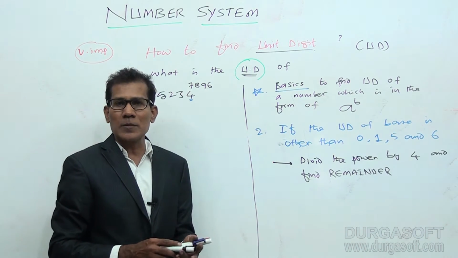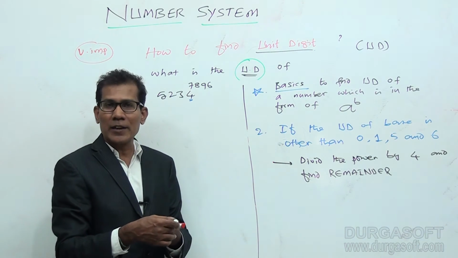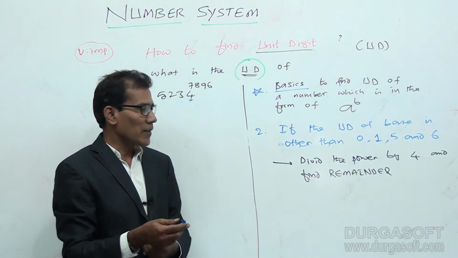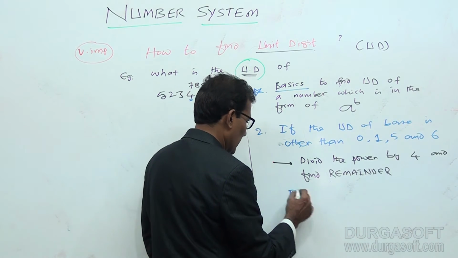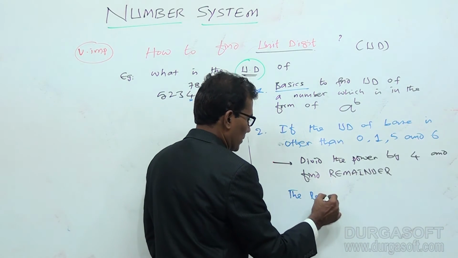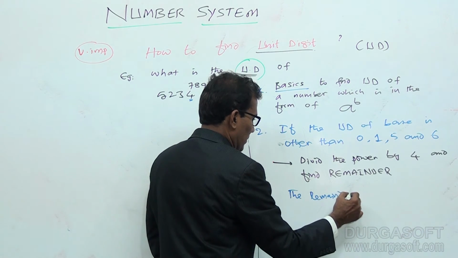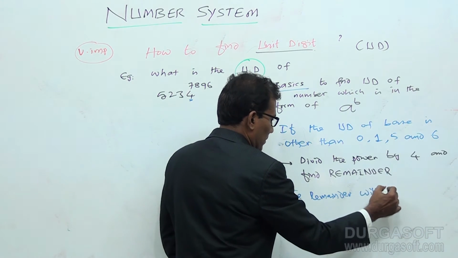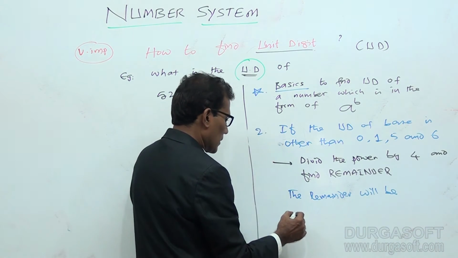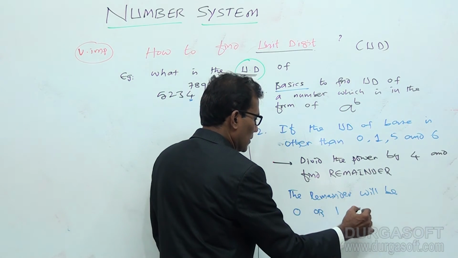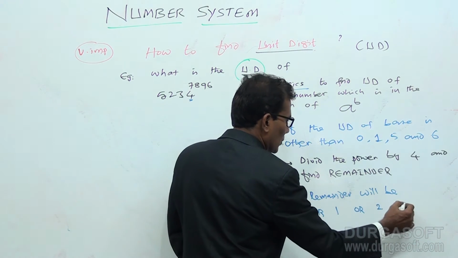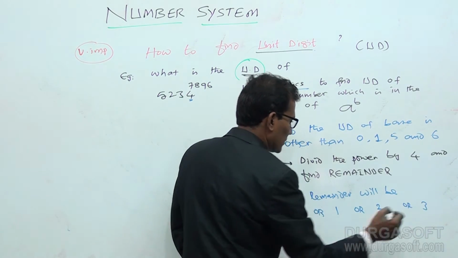Then what are the possibilities of getting a remainder when any number is divided by 4? The remainder will be 0 or 1 or 2 or 3.